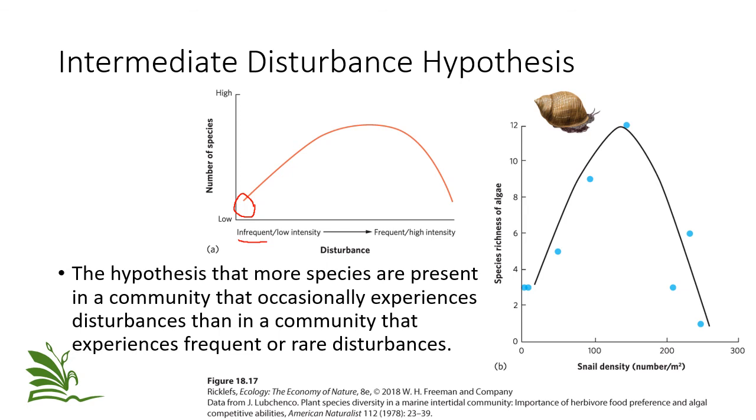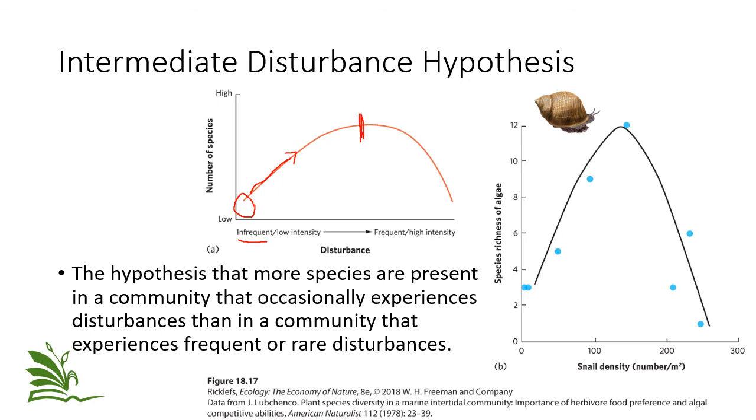And other organisms that couldn't compete come in, and we start to see an increase in species diversity. We see an increase in species diversity until some intermediate level of disturbance, where those individuals that can handle lots of disturbance have arrived, and those who can handle a little bit of disturbance haven't died. So we have this maximum number of species, or maximum diversity, right there.